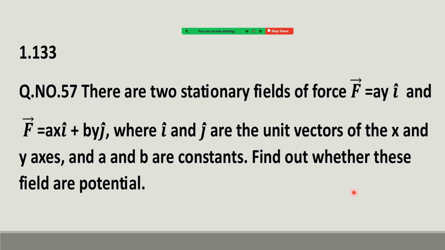Find out whether these fields are potential. That means, is the force conservative or not? Because we have learned that we define potential or potential energy only for conservative fields. Let us see how to decide.